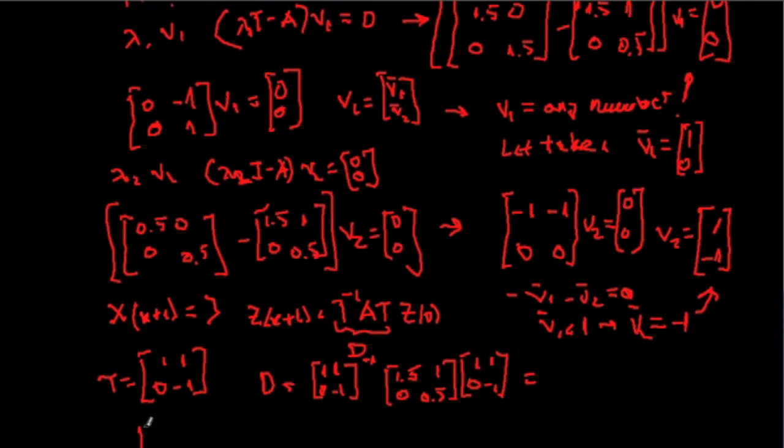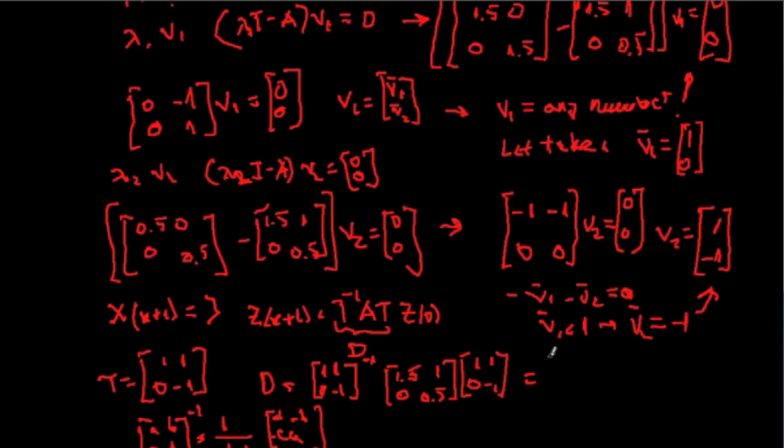Let us show the following trick: we know that for the matrix A, B, C, D, the inverse is 1 by (AD minus BC) times the matrix where D and A are swapped and you put minus B and minus C. This is how we get the inversion of a 2 by 2 matrix.